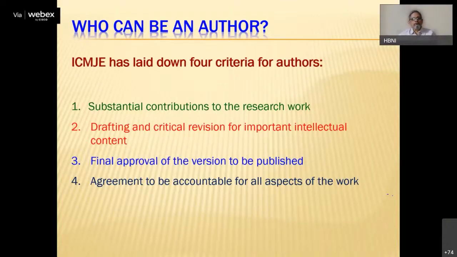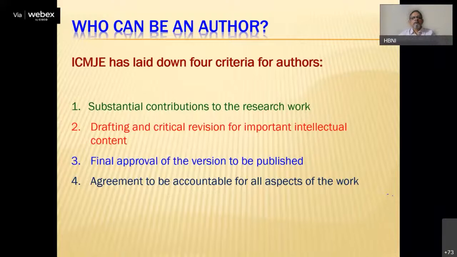Then the third point is final approval of the version to be published. What this indirectly means is that whenever you write a manuscript and send it to a journal, very rarely is a manuscript accepted as it is.